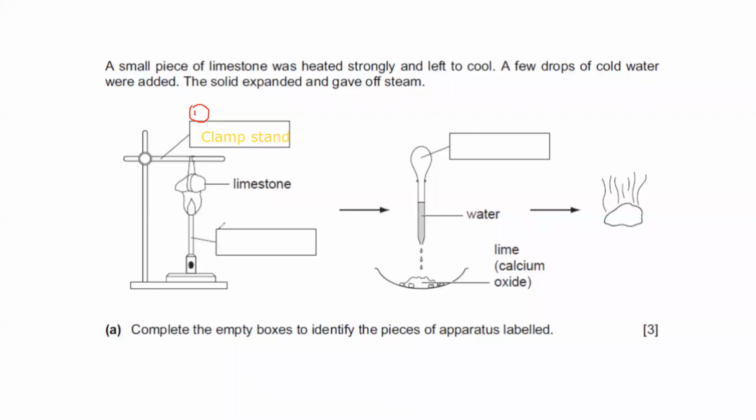What about 2? That's a Bunsen burner. So 2 is Bunsen burner, and the third one is the dropper.